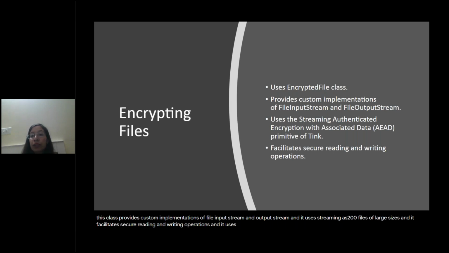It uses the streaming authenticated encryption with associated data, AEAD, primitive of Tink. So basically with encrypting files, we create a file and then we create an encrypted version of it, and we perform the normal read and write operations on the encrypted version.